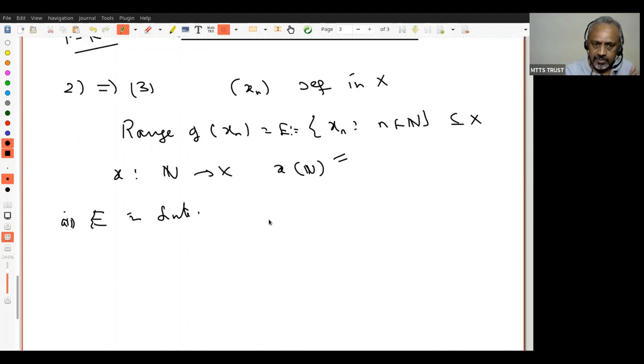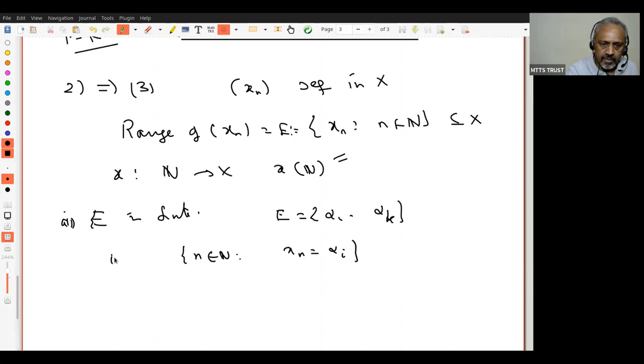Let me write it as alpha 1 to alpha k, a finite set. Then let us look at the set of all n in N so that x_n equals alpha_i, for 1 ≤ i ≤ k. You understand this? Right. Now call this set E_i.